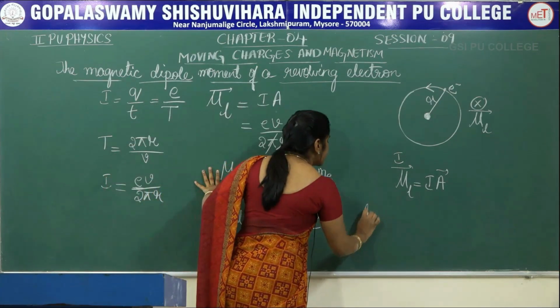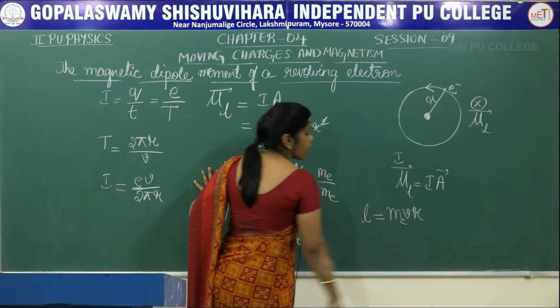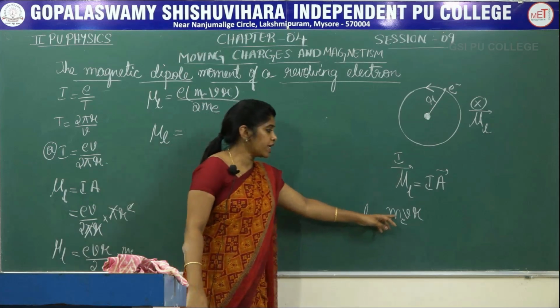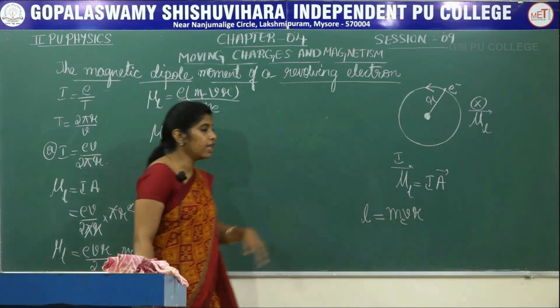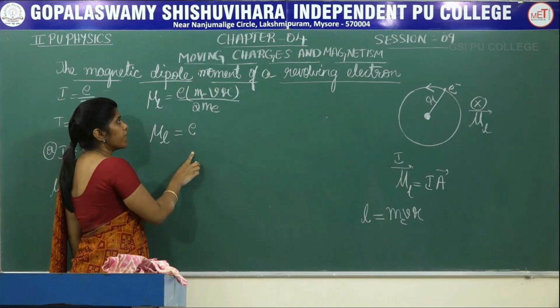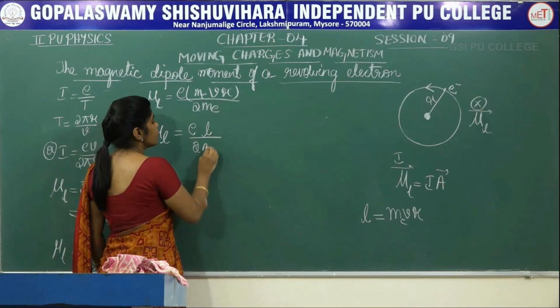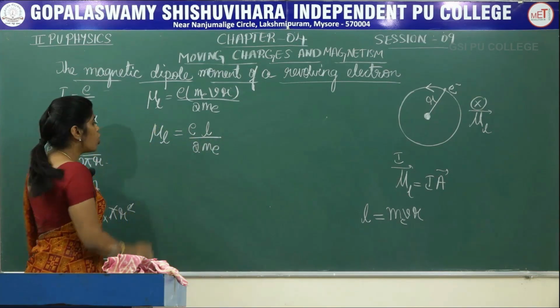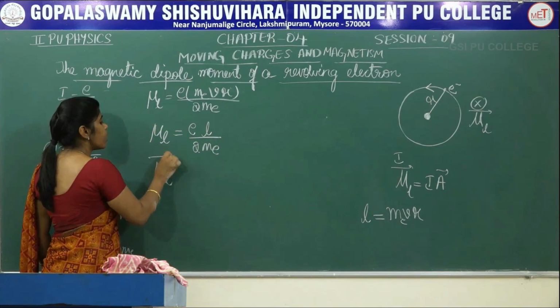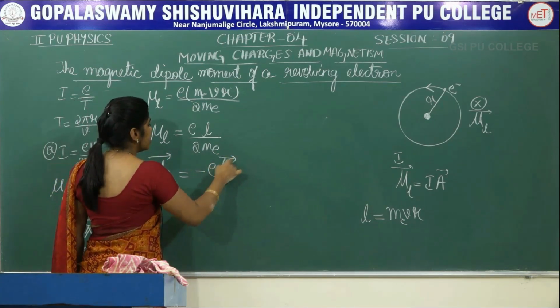The angular momentum L is given by mvr. So, substituting mvr as L, mu L will be equal to e into L divided by 2me. Or if I write this mu L in vector form, this will be equal to minus eL divided by 2me.